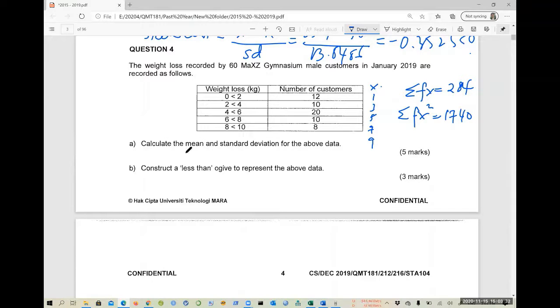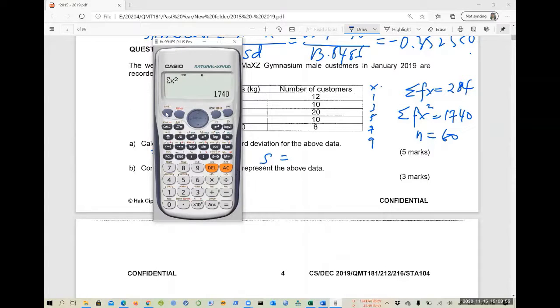To calculate the mean, write down the formula for the mean and substitute these two values. You know that n is equal to 60, so 284 divided by 60 gives you the mean. To find the answer from your calculator, press shift number 1 again and choose number 4, the variable.